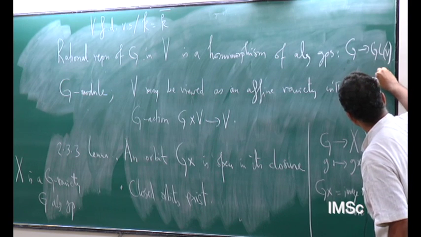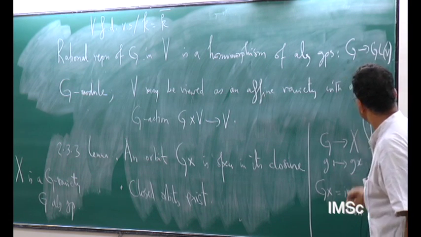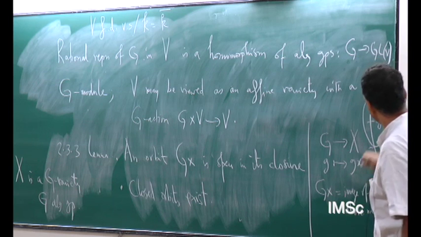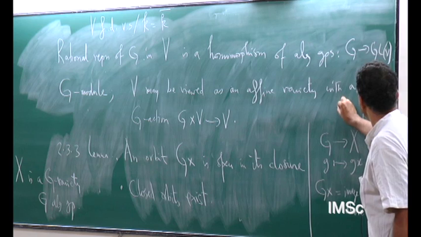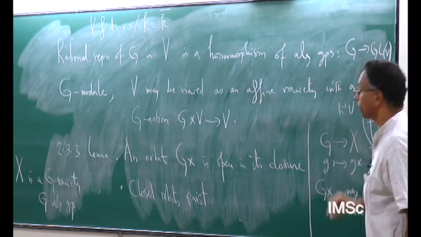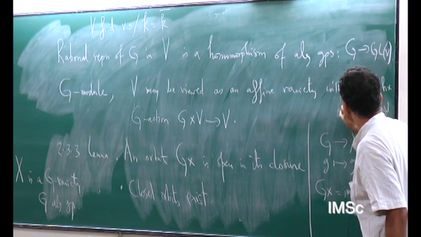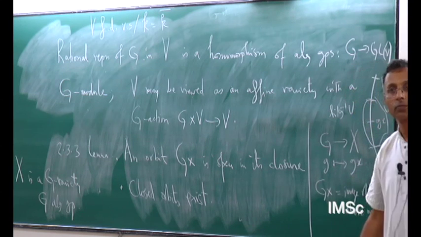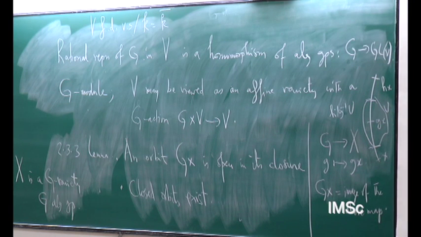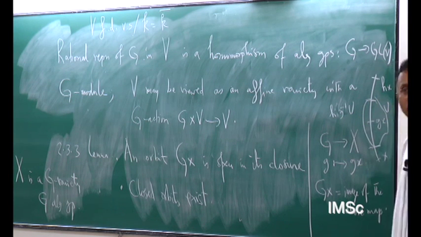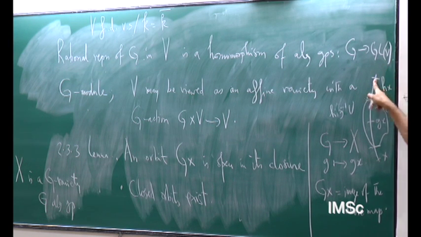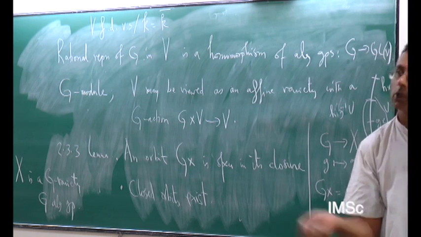Why? Because if I have something here, Hx, where x is somewhere here, call this open set U, then I can take H of G inverse of U. That will take it to something around Hx. Okay, so every element is contained in an open subset of its closure, so the whole thing is open.